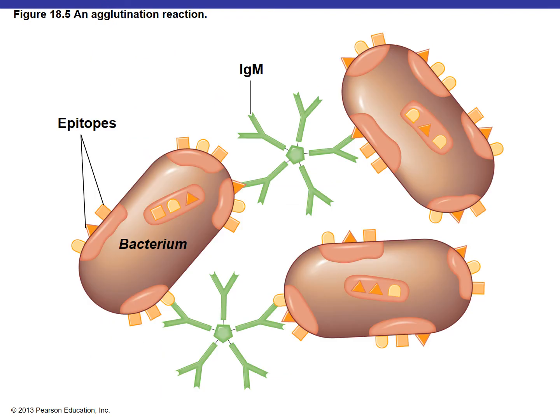Here it's the same idea, but this is an agglutination reaction where you have particulate antigen. You've got this whole huge cell that is being bound by antibodies and clumped together.